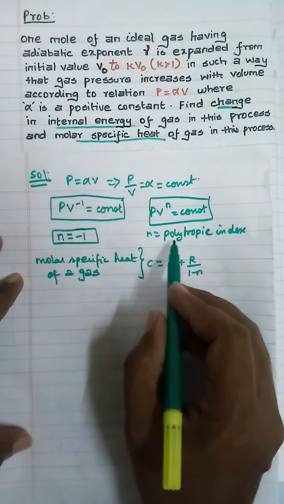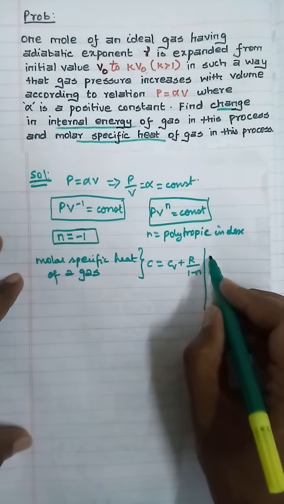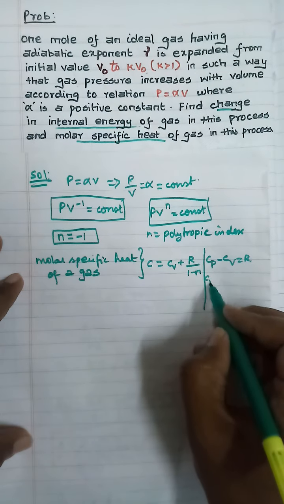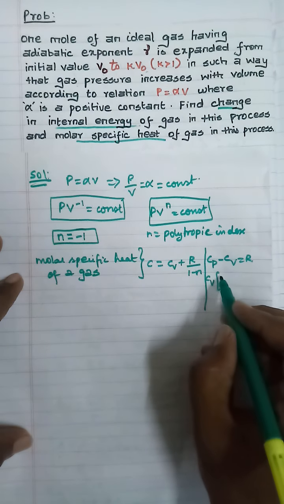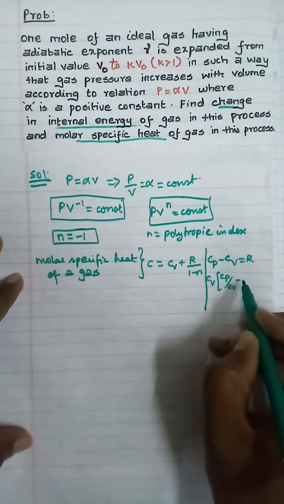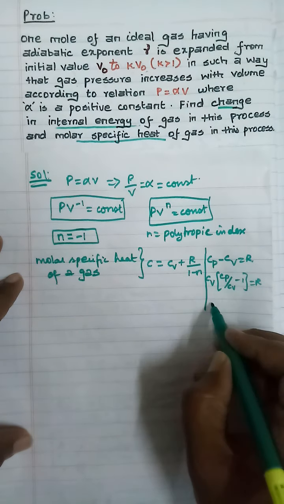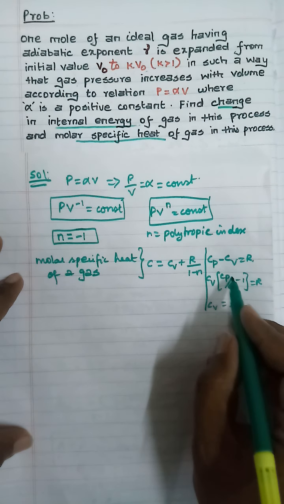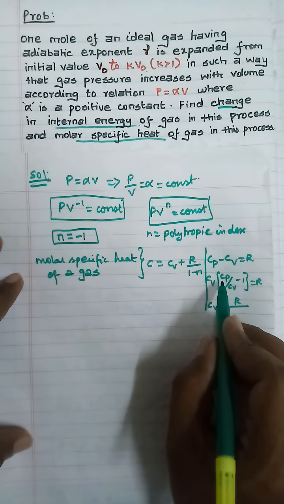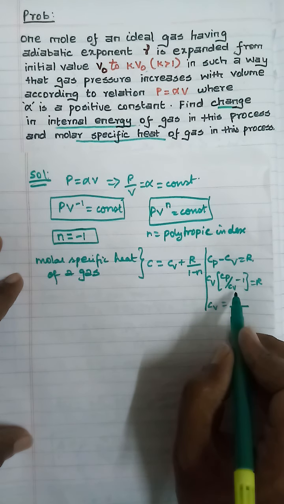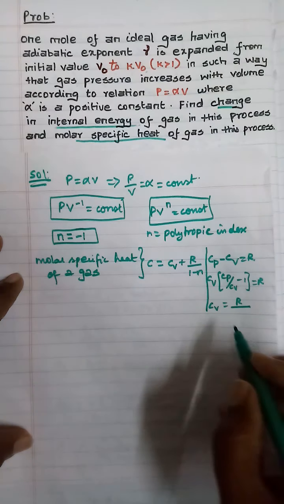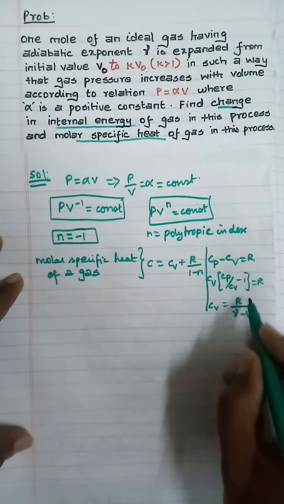So how to find out Cv? This you can easily determine with the help of Mayer's relation, which is given as Cp minus Cv is equal to R. If you take Cv outside, then Cp by Cv minus 1 is equal to R, then Cv is equal to R divided by Cp by Cv minus 1. Cp by Cv, the ratio of molar specific heat at constant pressure to that at constant volume, is the adiabatic exponent gamma. So Cv is R by gamma minus 1.